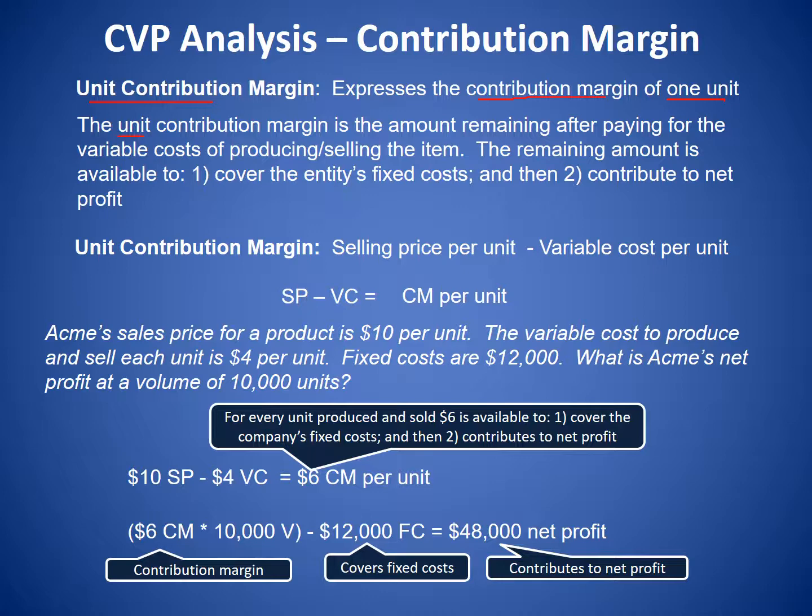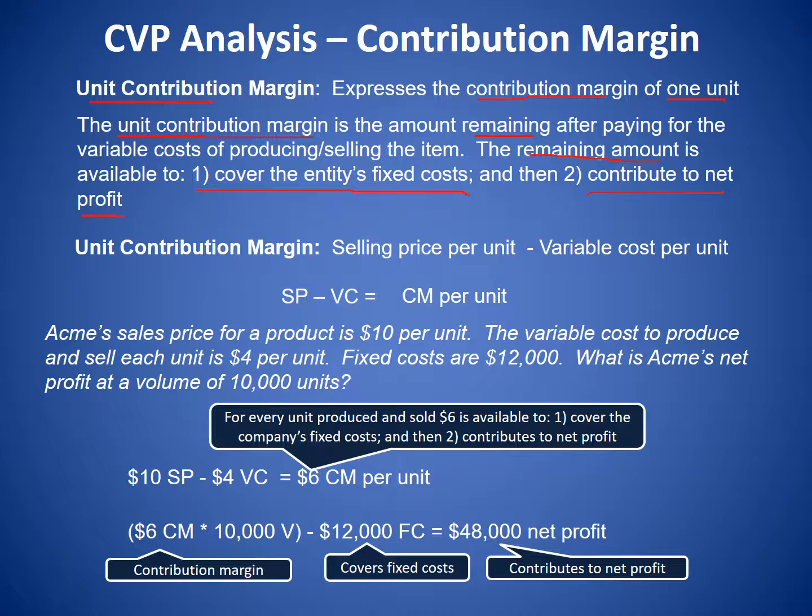The unit contribution margin is the amount remaining after paying for the variable cost of production and selling the item. The remaining amount then is available to, number one, cover the entity's fixed costs, and then number two, after we've covered those fixed costs, it will contribute to the net profit of the entity.